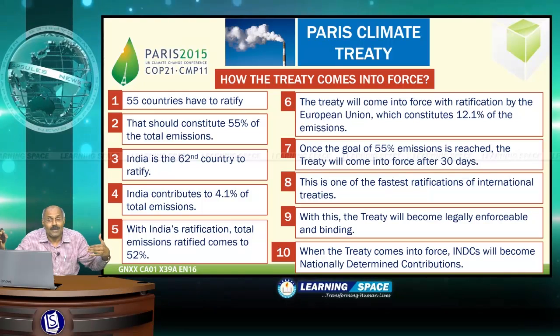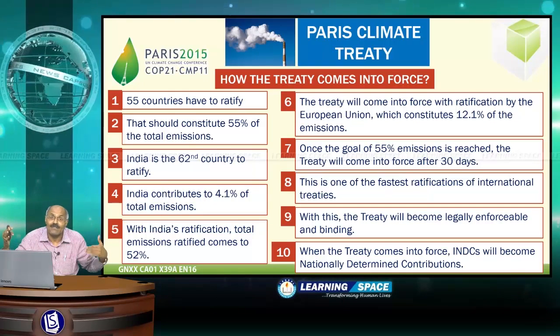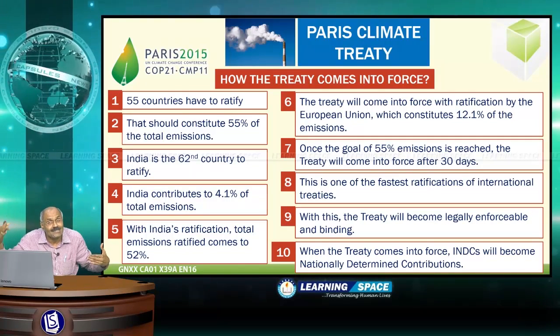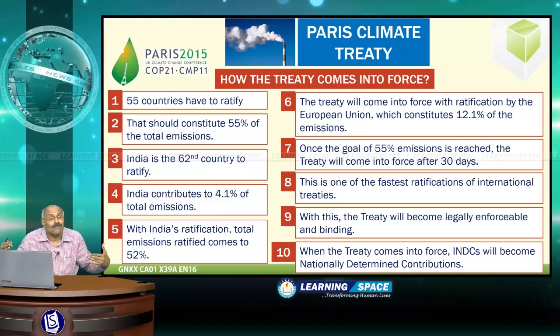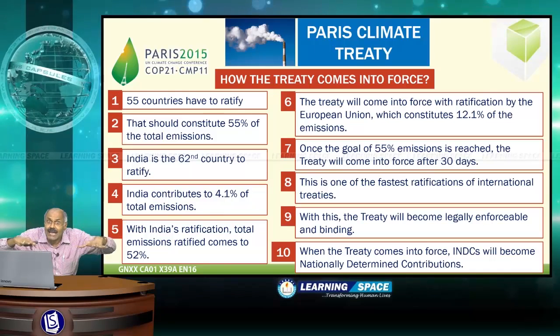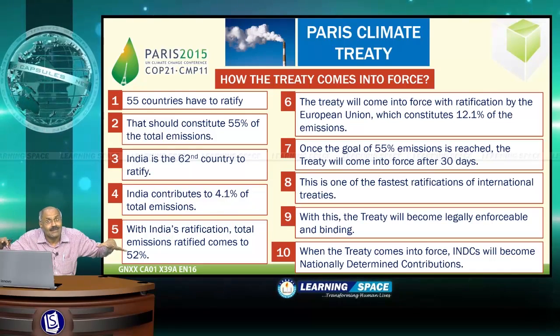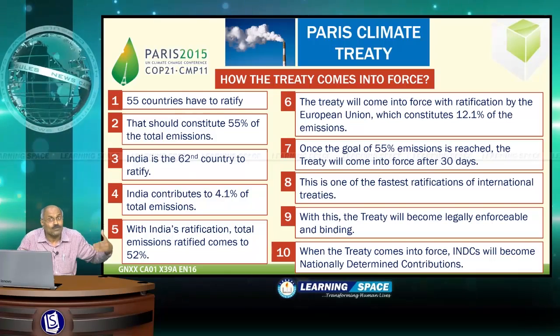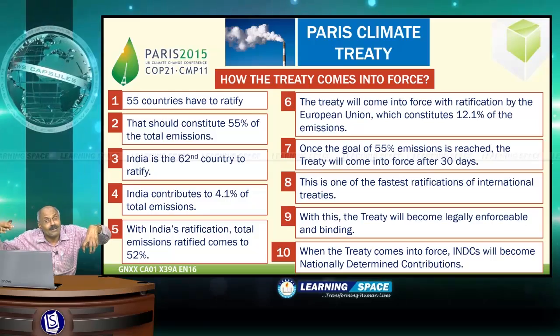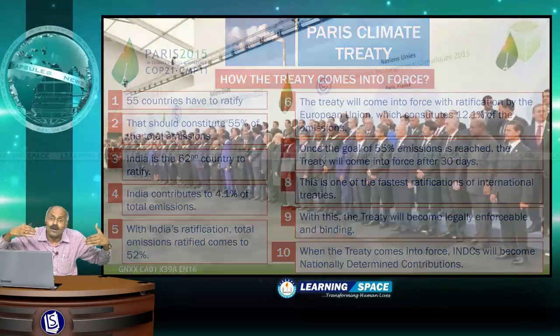European Union is expected to submit ratification within 1 or 2 days, and subsequently within 30 days this Paris Treaty will become an international treaty, legally enforceable and binding. So, when the treaty comes into force, these INDCs will become nationally determined contributions, and each country has to devise their legal framework for implementation of these nationally determined contributions.